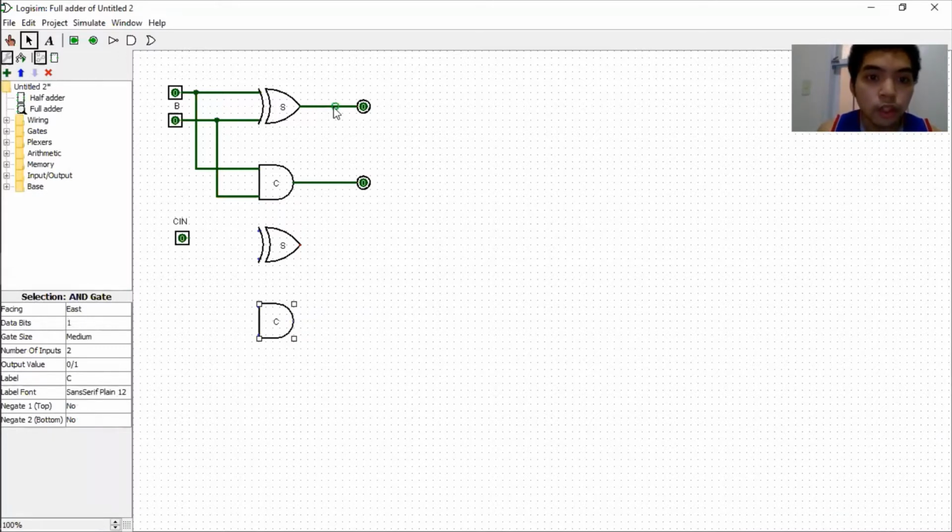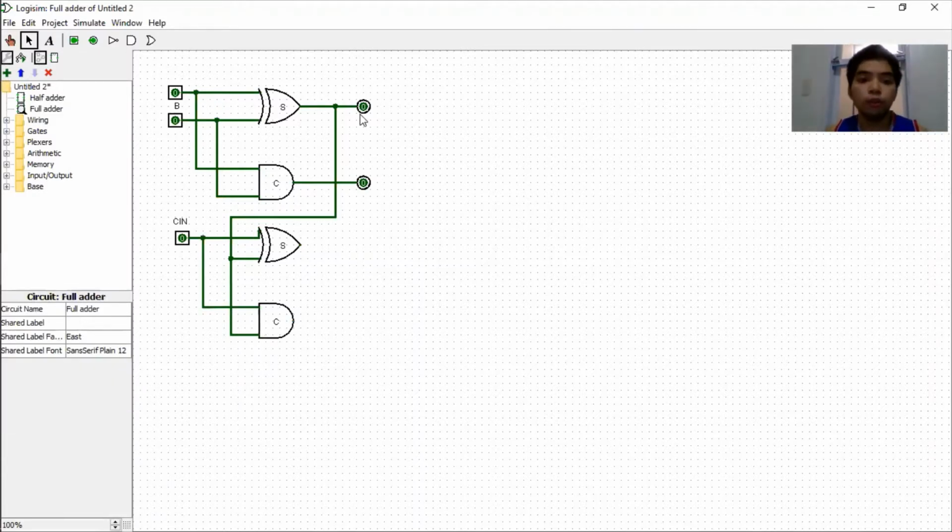So the sum is connected to both inputs of the carry and the sum, and then for the C-in. The carries must be ORed together so they can be added.